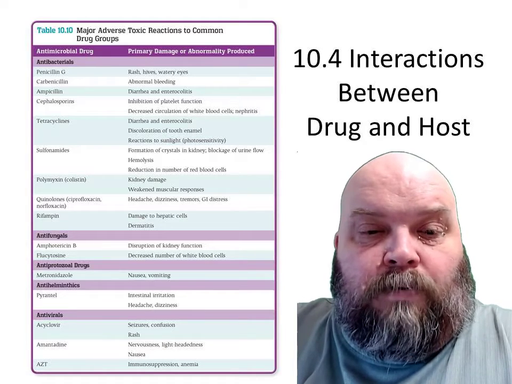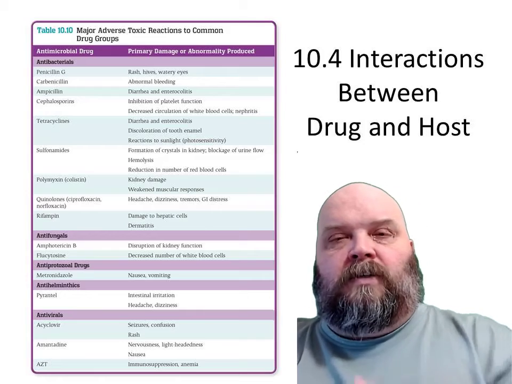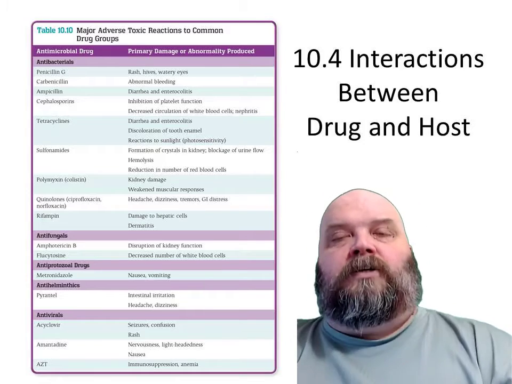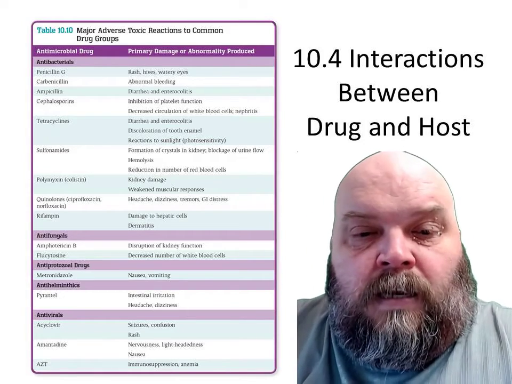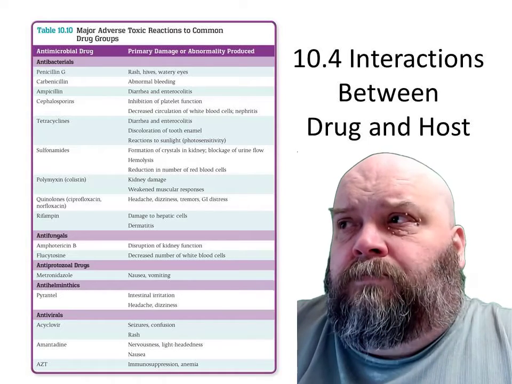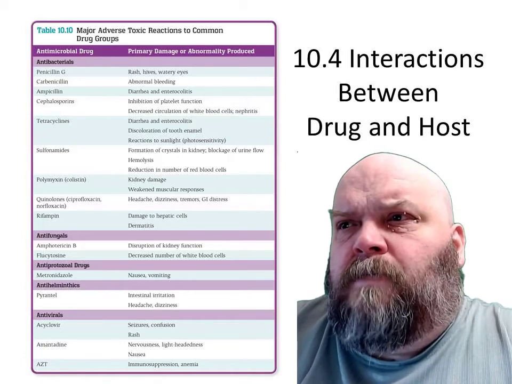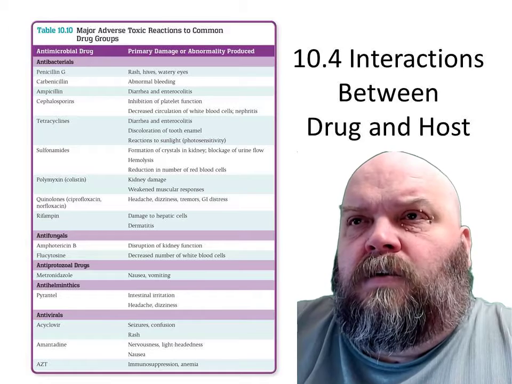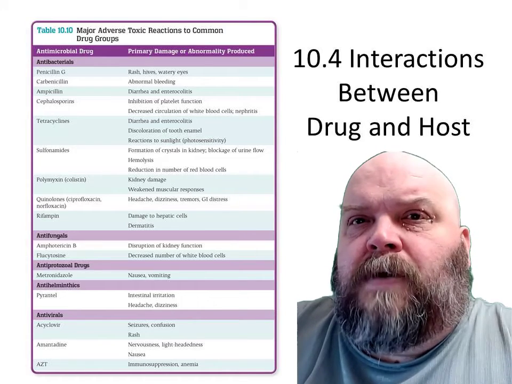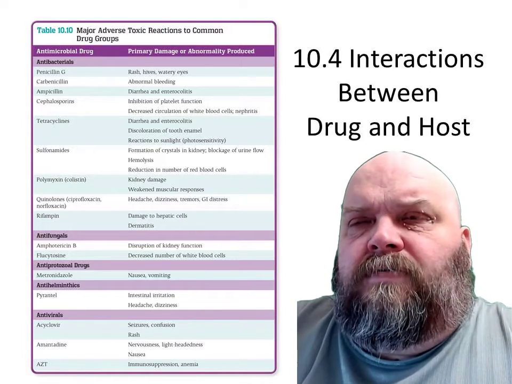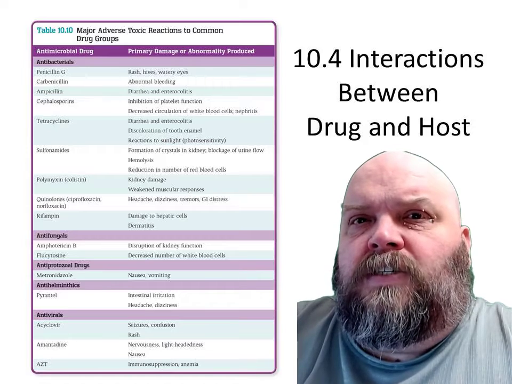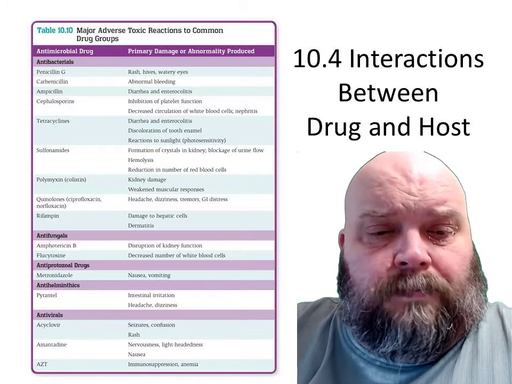Metronidazole, antiprotozoan. This is the one you take if you've got some protozoa infection of the gastrointestinal tract. Nausea, vomiting. There's also been some, if I remember correctly, clinical research showing that some of the patients sloughed off the lining of their large intestine, bloody diarrhea because of it.